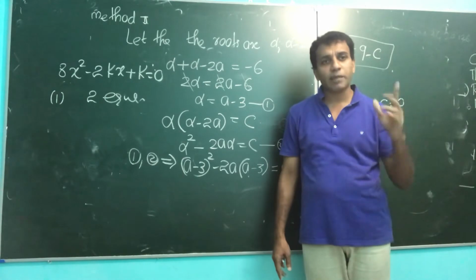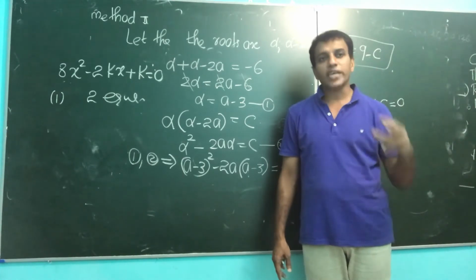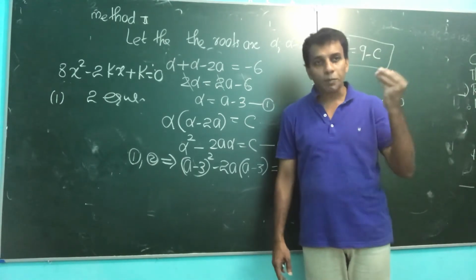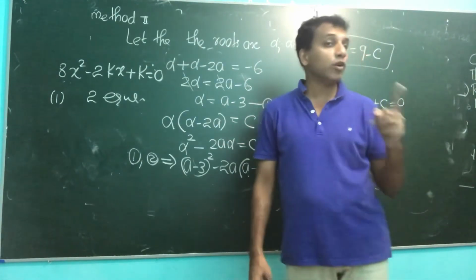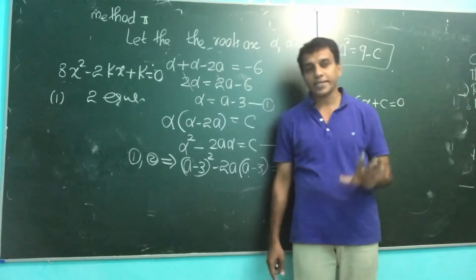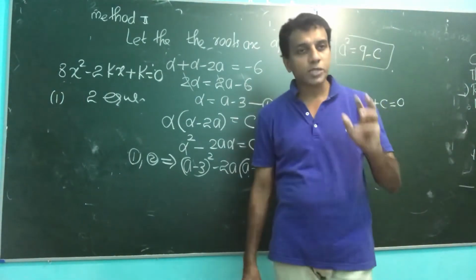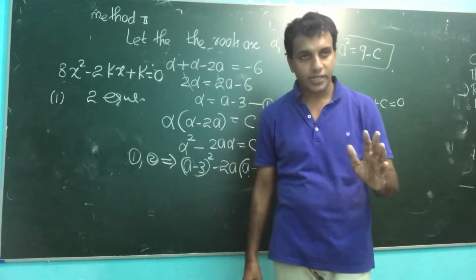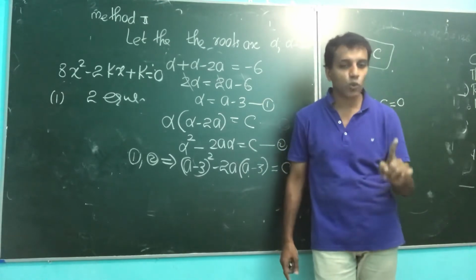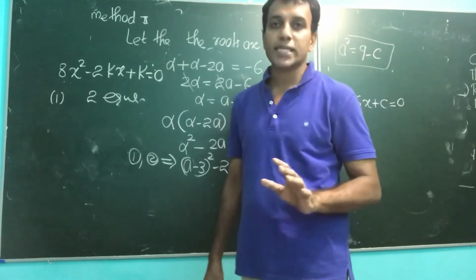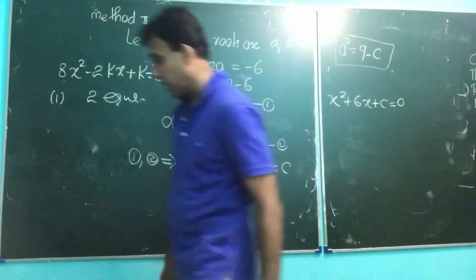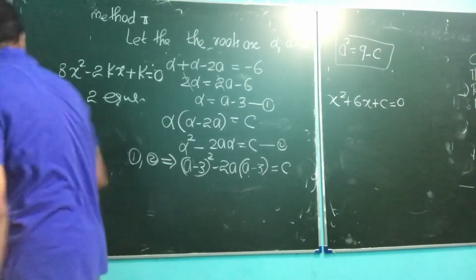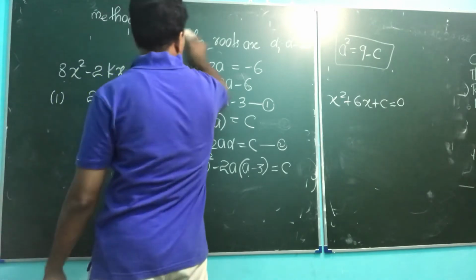They can be real answers, equal answers or imaginary answers. Everything depends on the value called delta, in English the discriminant. Delta is b square minus 4ac, called the discriminant.